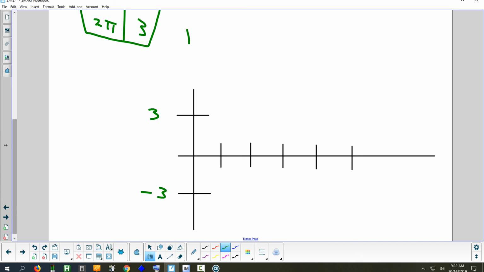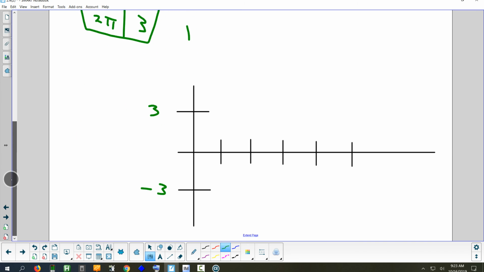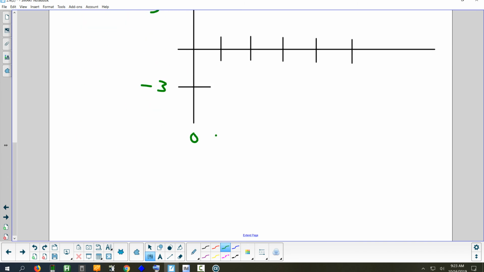Now, if I don't label these x's, I'm going to assume on the test that you've got 1, 2, 3, 4, 5. 1, 2, 3, 4, 5 are not the x values you want at all. So label the axis with the x values you want. So we've got 0, pi over 2, pi, 3 pi over 2, 2 pi.